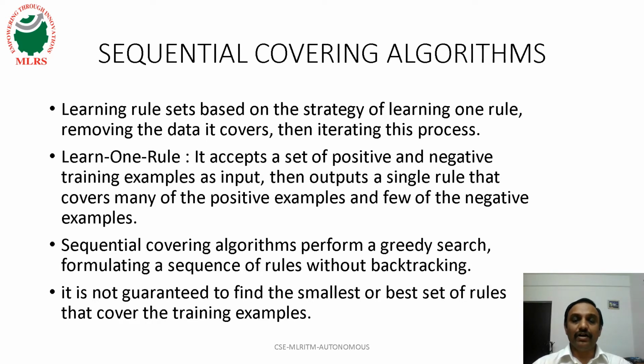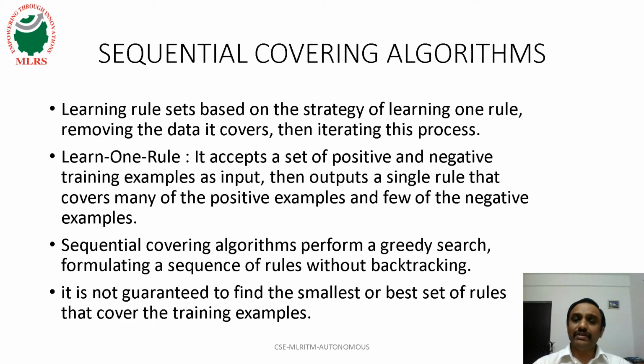Learn one rule. How to learn one rule? By using the total data as input. Total data means a set of positive and negative training examples. Taking this as input gives one rule as output, which covers many of the positive examples and few of the negative examples.